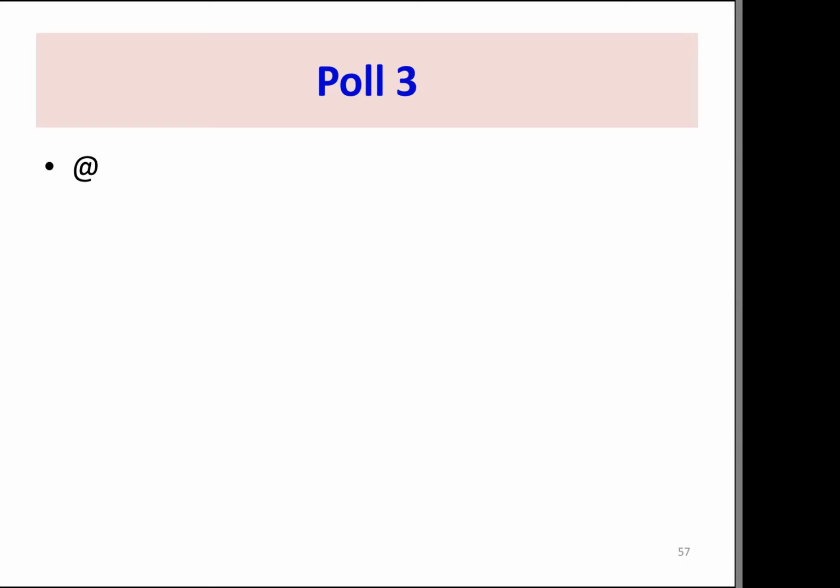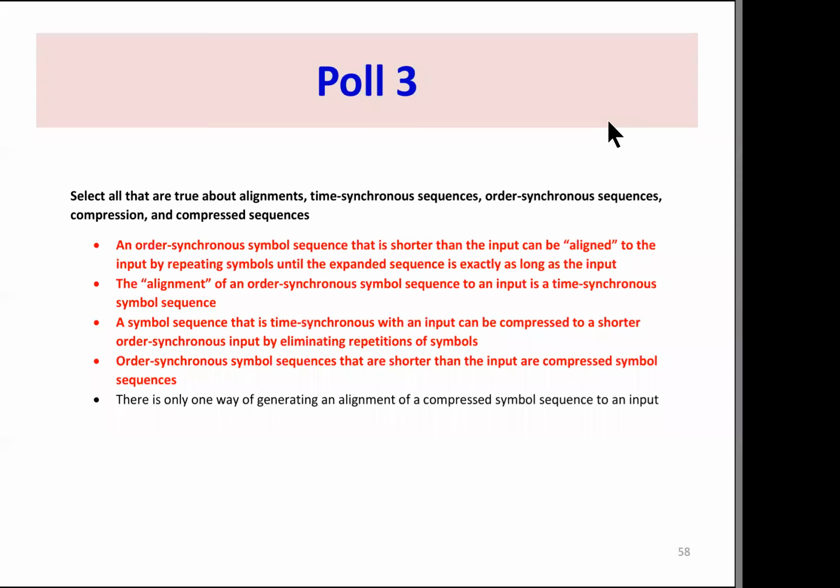All but the last one were true. An order synchronous symbol sequence that is shorter than the input can be aligned to the input by repeating symbols until the expanded sequence is exactly as long as the input. We saw this, right? The alignment of an order synchronous symbol sequence is a time synchronous sequence, because you're expanding it by repeating symbols until it's exactly as long as the input.